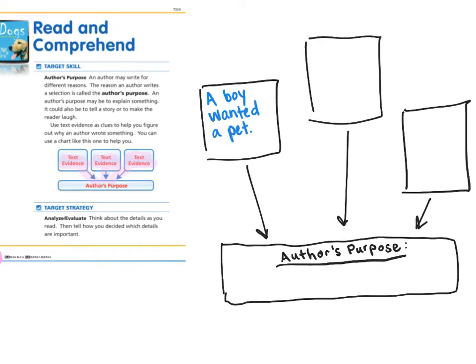And you might have related to Henry because you may have wanted a pet before or wanted a sibling or something else. And so maybe you had made a connection to it. Another thing from this text was that it was a story, right? It had a sequence of events. It had a beginning, a middle, and an end. It was a story.